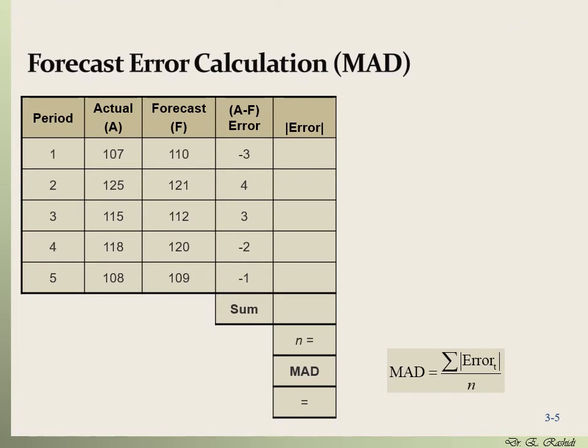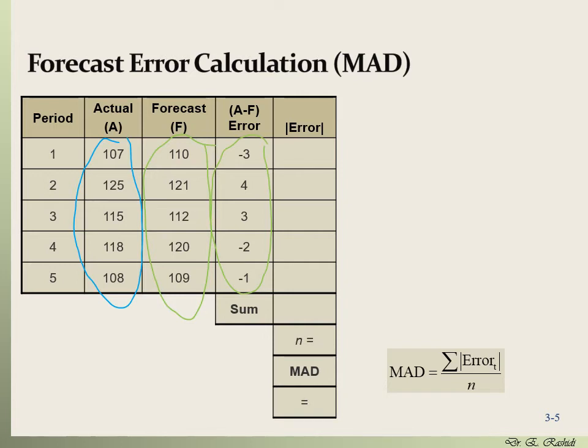Let's see how MAD, the mean absolute deviation, works. Here we have the same table. I have just added the last column to compute the MAD. On the second column, we have the actual values for the 5 periods. The next column has the forecasts that we have made for these periods. And on the third column, we have their errors.